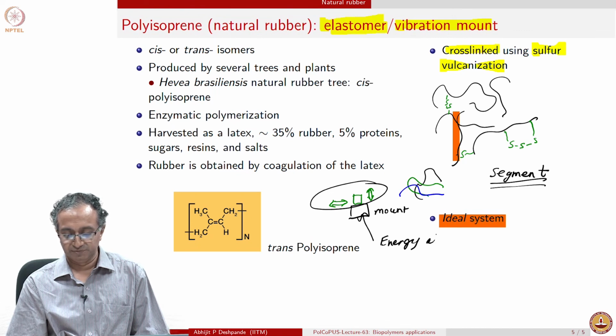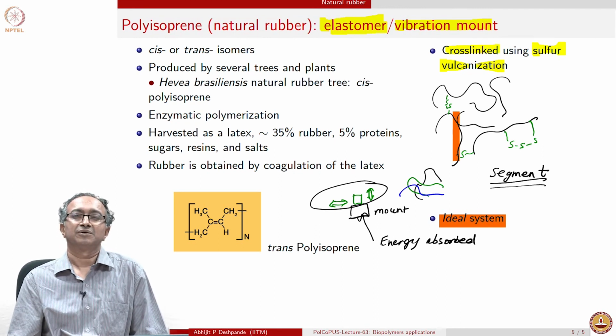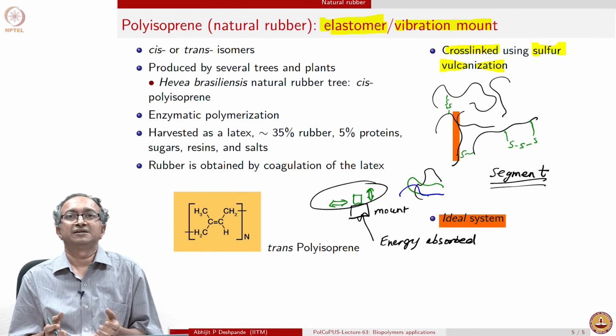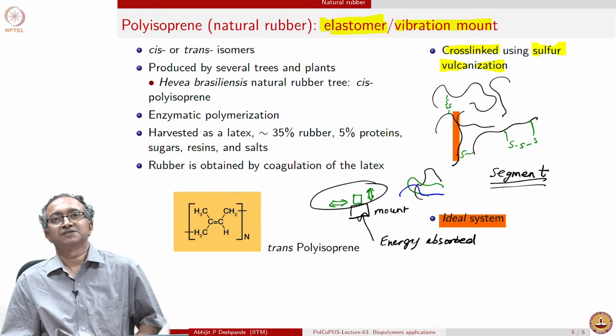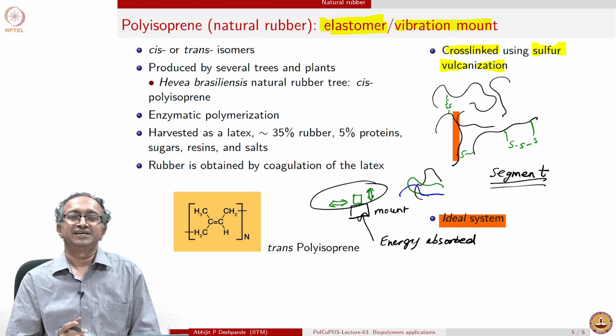So, energy gets absorbed, and in all of this explanation I did not really use how the rubber macromolecules are interacting with each other. Whether segments are getting stretched and recovering or changing conformations, segmental motion can explain both elastomeric as well as vibration mount applications. Here we have seen two beautiful examples of biopolymers.